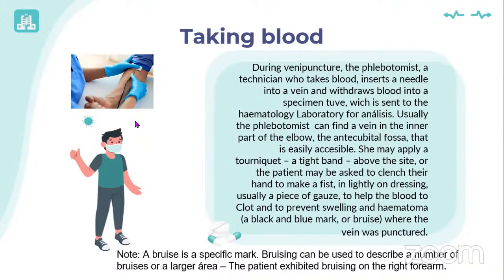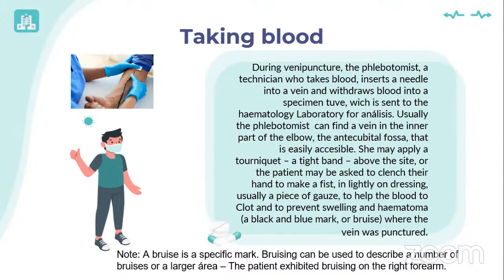Taking blood. During venipuncture, the phlebotomist, I don't know how to say that. Phlebotomist. A technician who takes blood, inserts a needle into a vein, withdraws blood into a specimen tube, which is sent to the hematology laboratory for analysis.